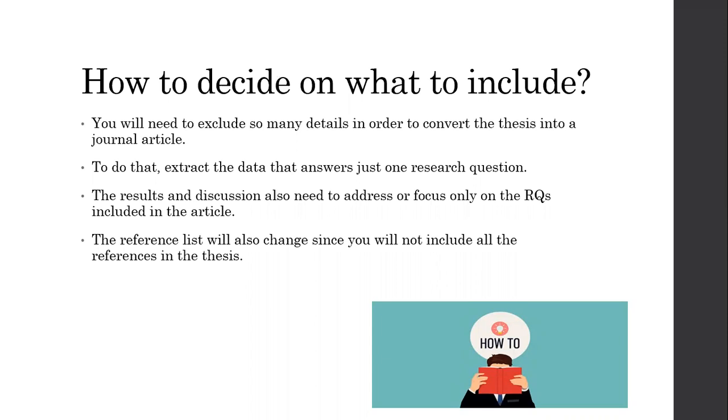First of all, you will need to exclude so many details in order to convert the thesis into a journal article. Definitely, details in the thesis should be excluded 100%. Just take the parts relevant to the research questions you have.